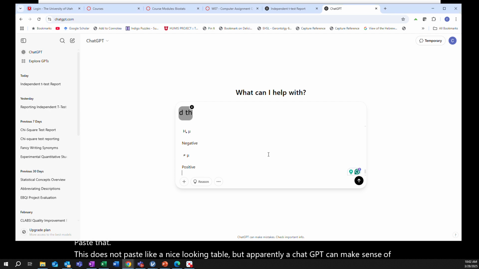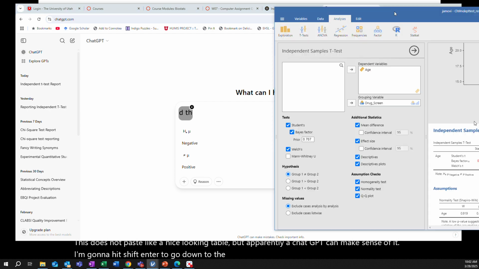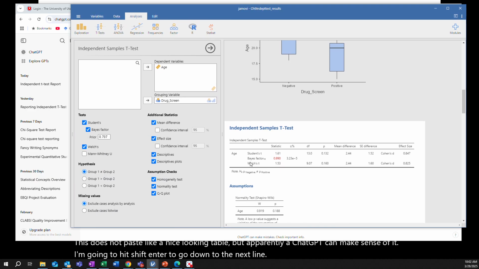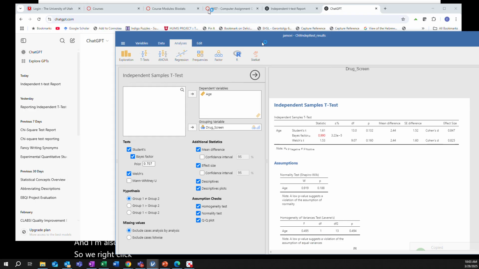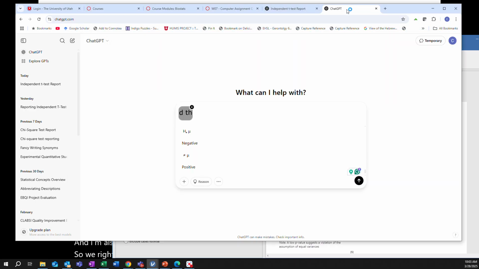I'm going to hit Shift Enter to go down to the next line, and I'm also going to give it our assumption checks. So we right click on the table and copy, and then we can Control V to paste and hit Shift Enter to go down to the next line.